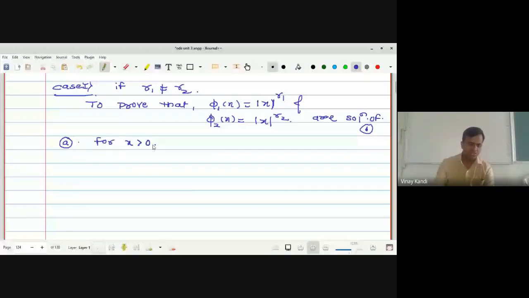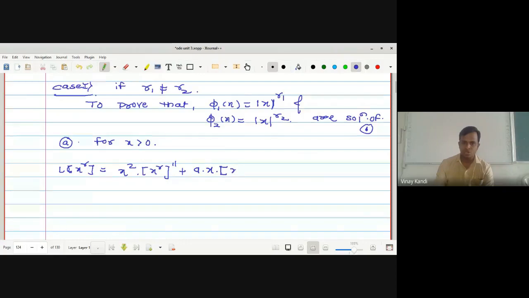Okay, so what is the L of x raised to r? What is the L of x raised to r? x square into, put instead of y, x raised to r double dash, plus a into x into x raised to r dash, plus b into x raised to r.